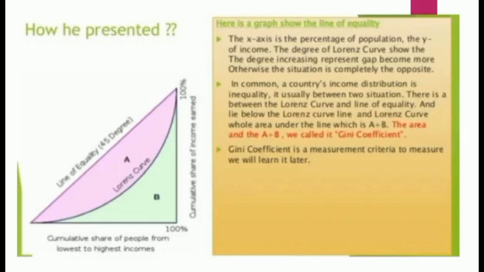In common, a country's income distribution is unequal. It usually lies between two situations. There is an area between the Lorenz curve and the line of equality, and the area below the Lorenz curve, and the whole area under the line is A plus B. So the area A divided by A plus B, we call it the Gini coefficient.